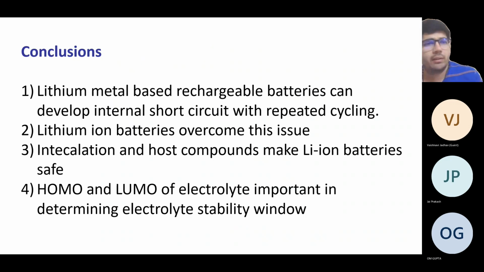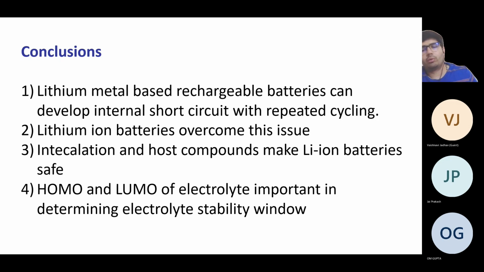So the conclusion is that lithium metal based rechargeable batteries can develop internal short circuits with repeated cycling. Because with repeated cycling, we have seen that dendritic growth occurs. After a certain period of time, the dendritic growth from the anode side reaches the cathode side, and the electrons will not go through the external circuit.